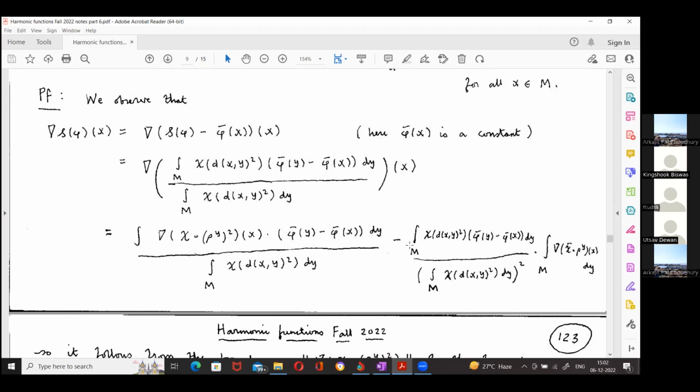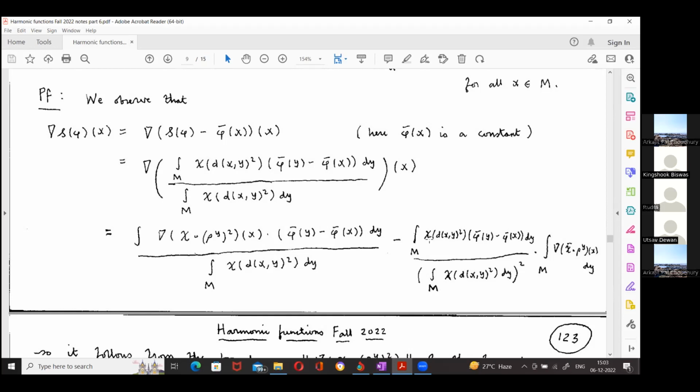What is the gradient of the numerator? By differentiation under the integral sign, it is the integral of the gradient of chi composed with rho y squared at x, times this constant phi bar y minus phi bar x, dy.